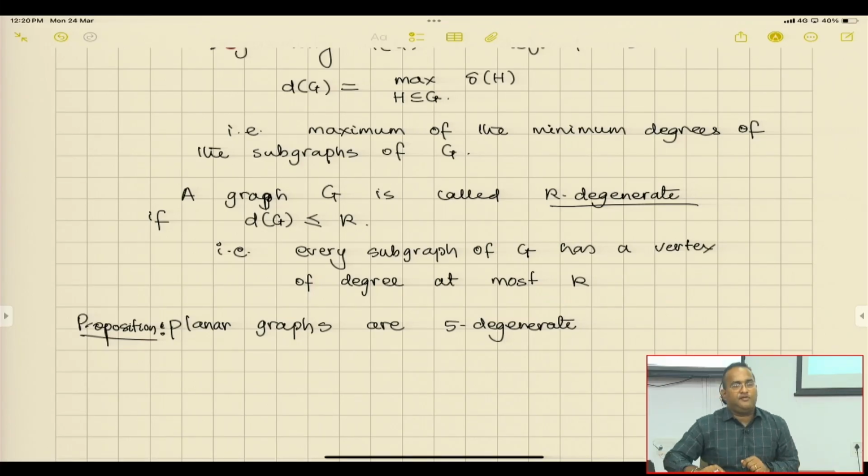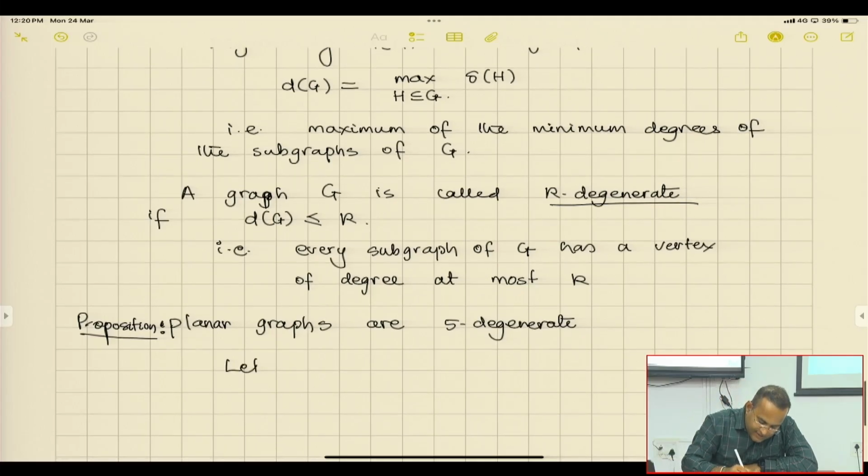That means every subgraph of a given planar graph G has a vertex of degree at most 5, right? So let G be a planar graph.